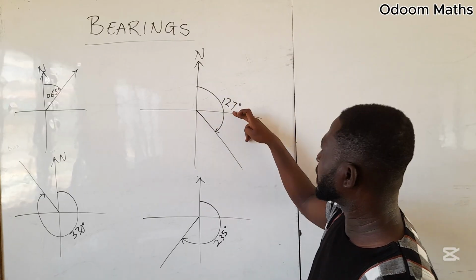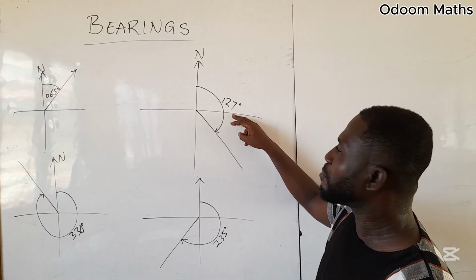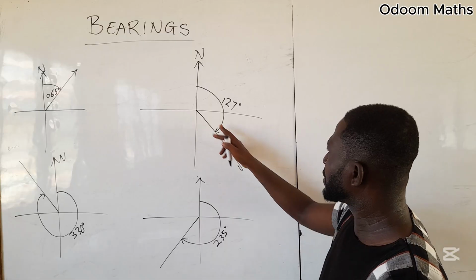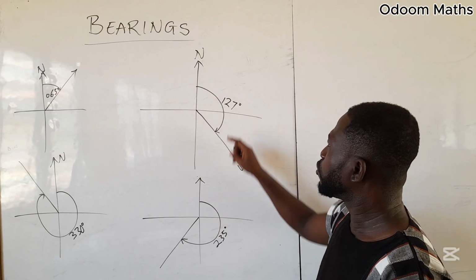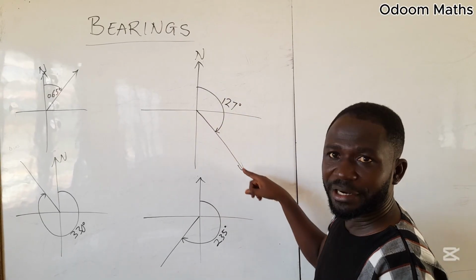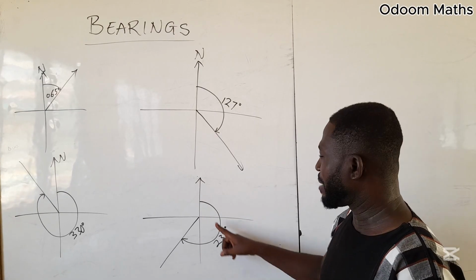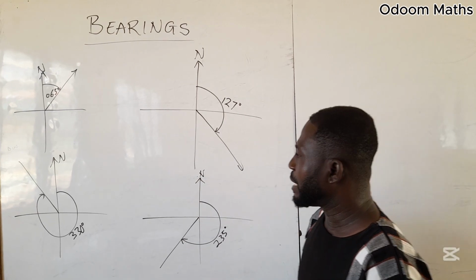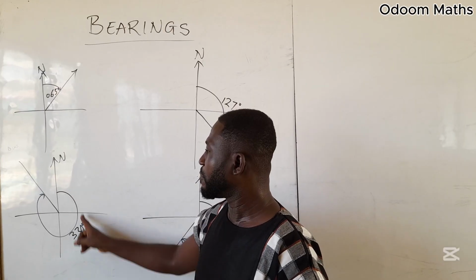From here to here is 90 degrees, so we added something more than 90 and entered this quadrant. So this is 127 degrees. In all cases, we are moving from the geographic north to where the direction is going. Now, this is the bearing of 235 degrees, also from the geographic north. And this is the bearing of 330 degrees, also from geographic north.